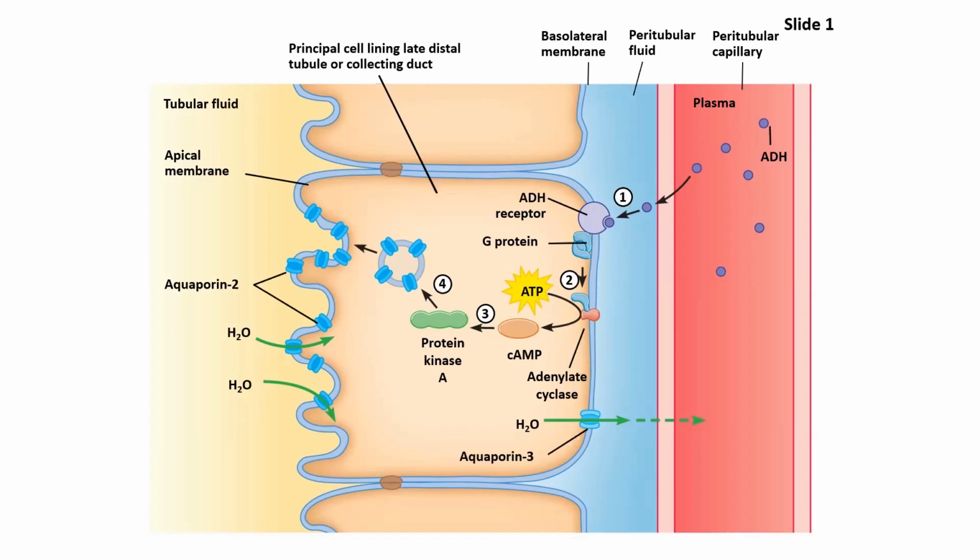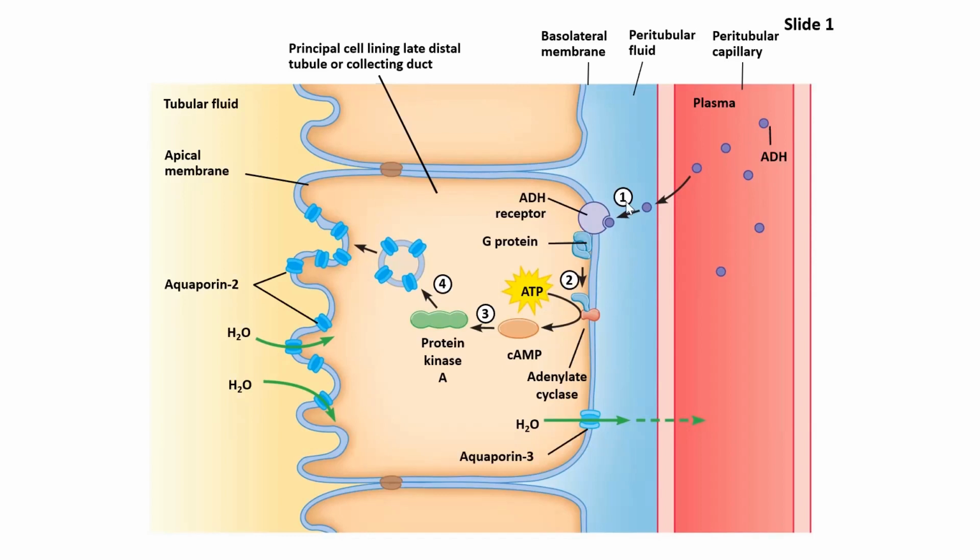It's not actually made in the posterior pituitary, it's made in the hypothalamus, but because of those neurosecretory neurons, it's communicated down into the posterior pituitary, and then depending on our hydration status, our blood volume, detected by certain receptors that we'll talk about in a minute, we're going to secrete this ADH into the blood as a hormone, right?